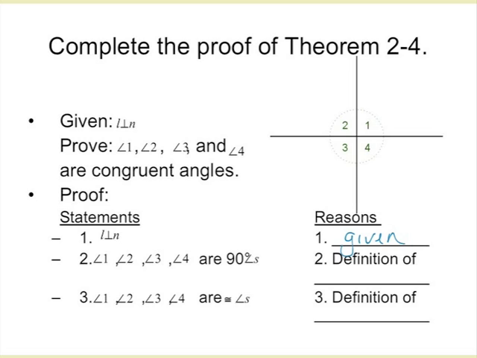And for the second one, it says, knowing that we have these perpendicular lines, how do I know that that is giving me 4 90-degree angles? This one can actually be two different things. We could say it's our definition of perpendicular, because perpendicular means that we get right angles. Also, since this doesn't say that we have right angles, it says that we have 90-degree angles, we could say that it's the definition of right angles as well.